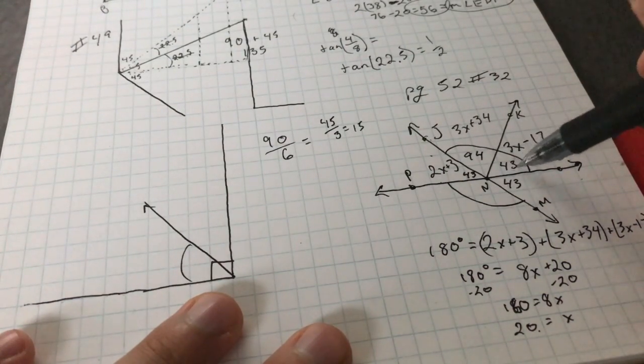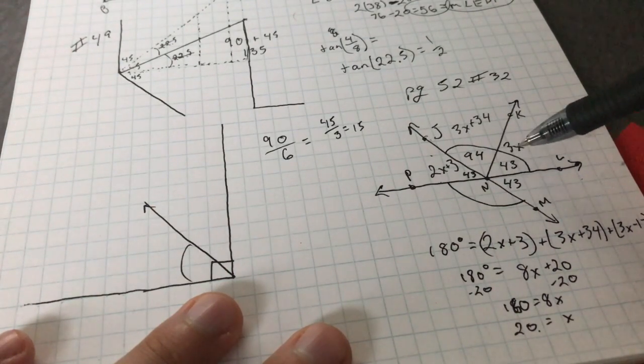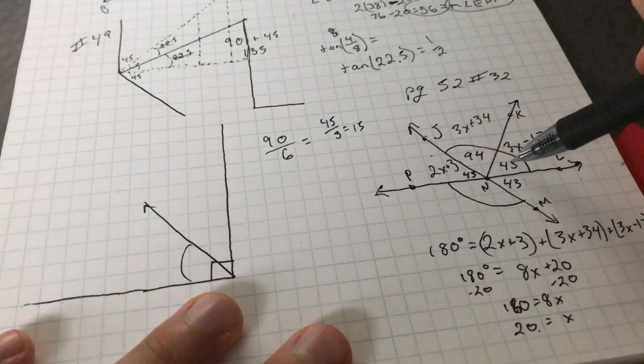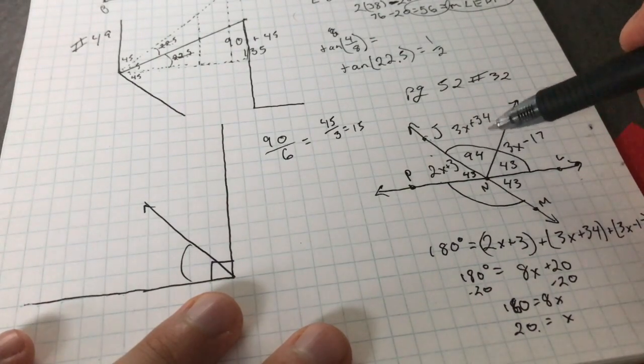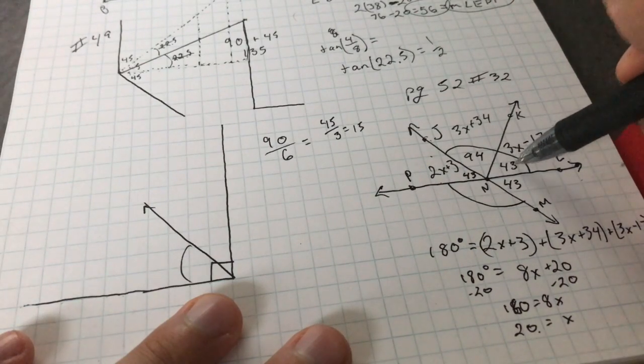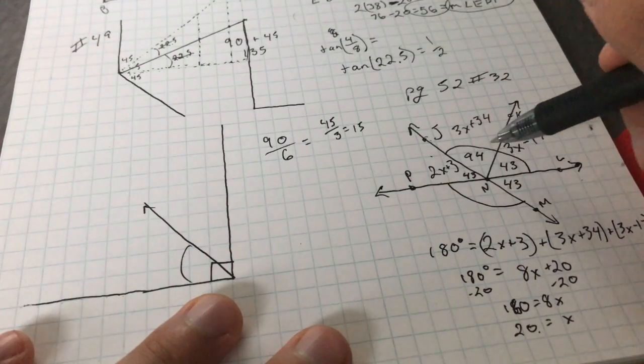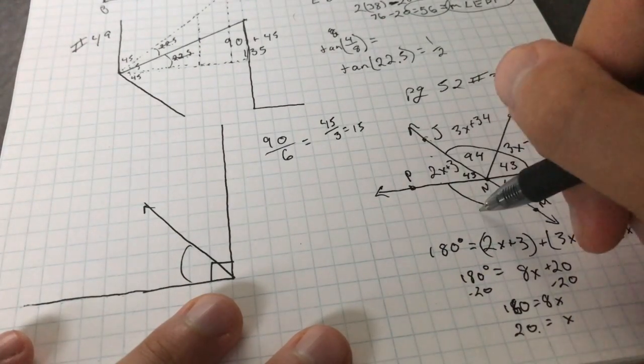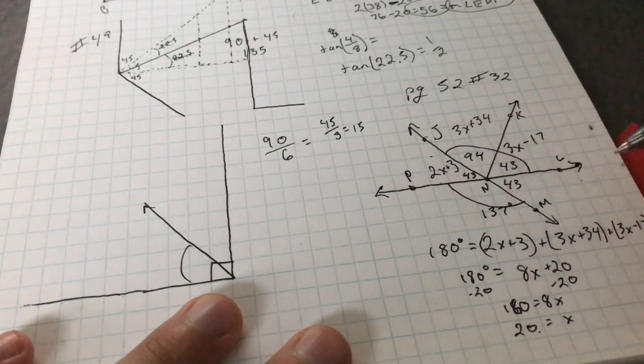I'm doing this in my head. Take away 3 is 40. Take away another 4 is 36. I just needed 6, sorry. Take away 6 from here to add to here. Take away 3 is 40. Take away another 3 is 37. So I got 100 plus 37 is 137. So we have 43, 94, 43, 43, 137.